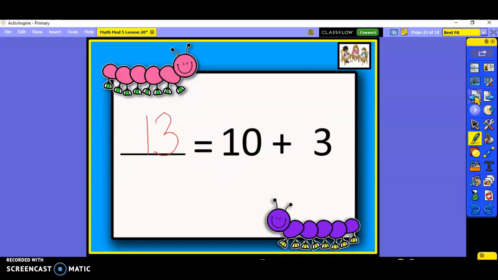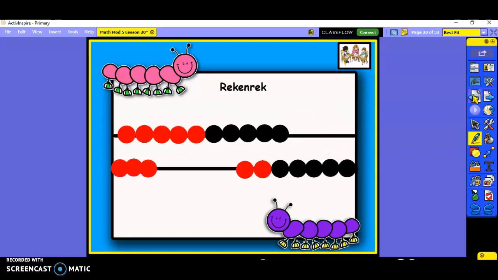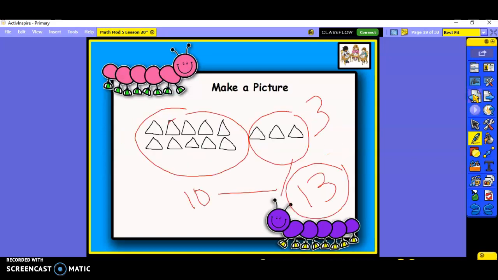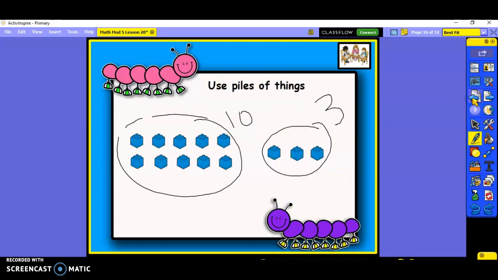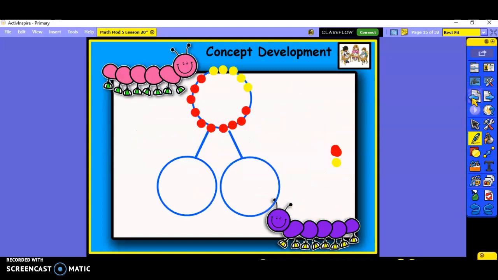We are going to look at another picture of dots on our number bond together and see if we can write that as an addition sentence. Let's look at our number bond. Ooh, I see lots of dots. Let's count to figure out our whole.